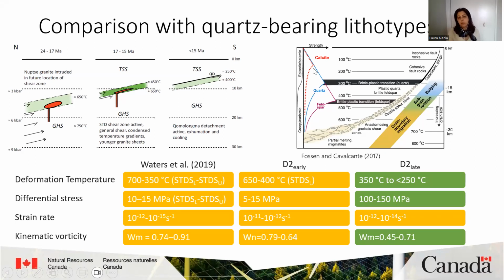This means that if we plot now the lithospheric strength profile for carbonates, the brittle plastic transition is even below 170 degrees Celsius, or some authors argue lower than 100 degrees Celsius.